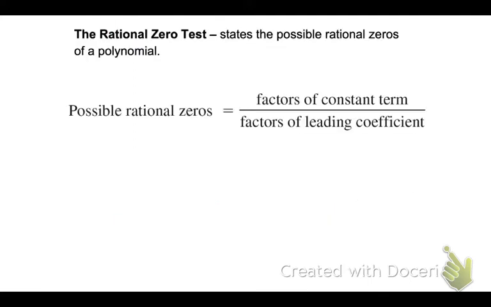Okay, so rational zeros test. I would just write this bottom one. Possible rational zeros. What word do I keep stressing? Possible. It doesn't tell you what they are. Again, just like the fundamental theorem of algebra, it tells you that the zeros exist. It doesn't tell you what they are. This tells you the possible rational zeros, what they could be.